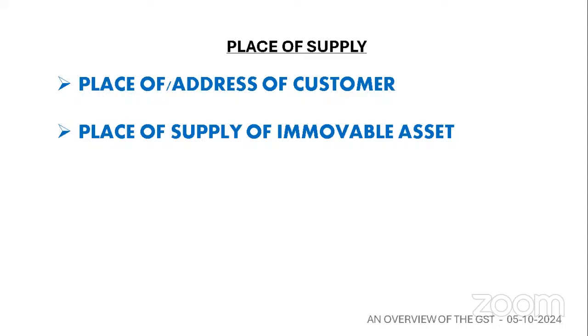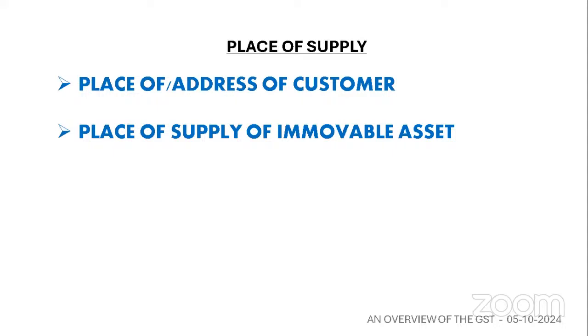Number one, I am sitting in Mysore and I am selling one television to my customer who is in Chennai. So I will raise an invoice on my customer who is in Chennai for 1 lakh rupees plus 18% GST. 1,18,000 is the invoice amount, and I will pack the goods and send it through a transporter to the Chennai address of the customer.